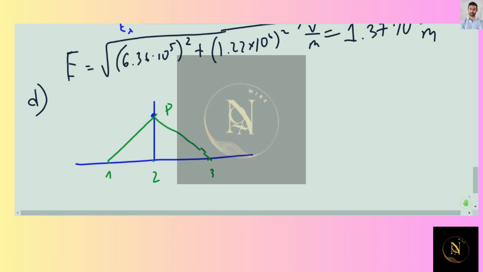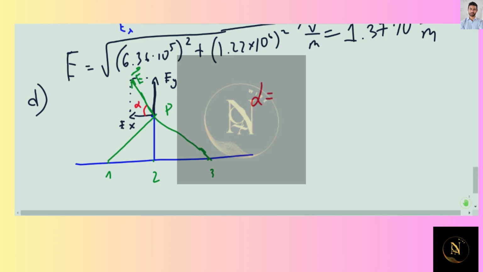The Y component is directed up, and it's higher than the X component. So this is E total. And now we basically have to find this angle alpha.